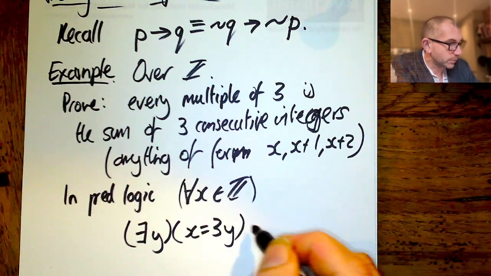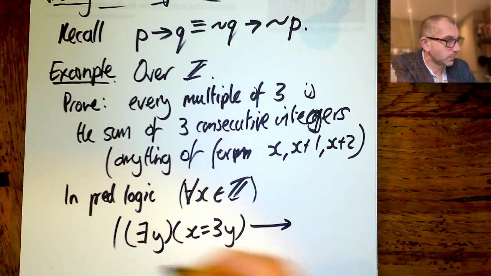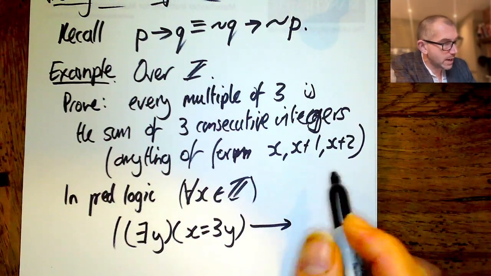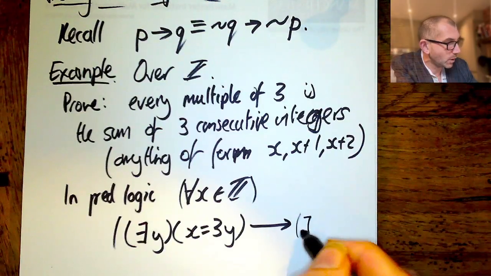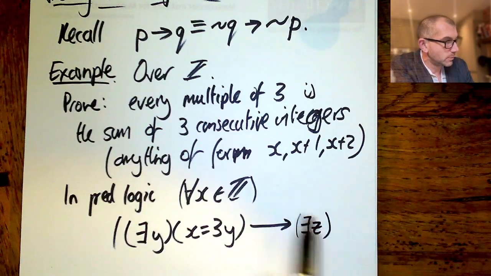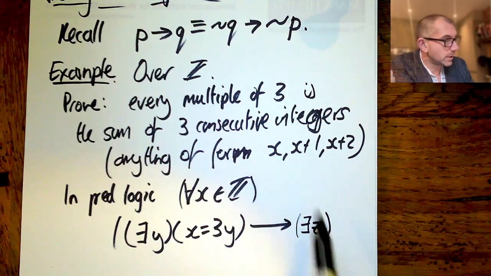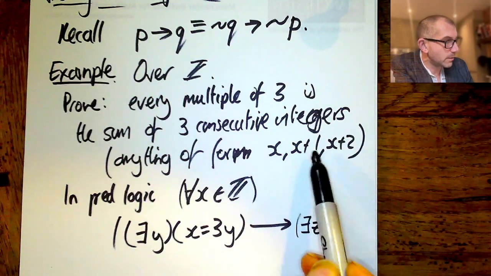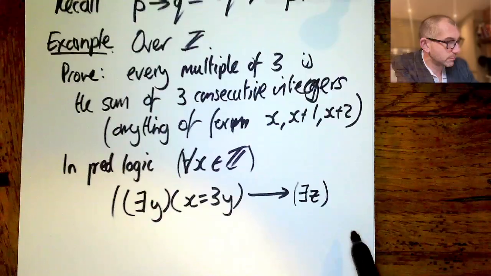If that's true, then there exists a z such that you can get your x as the sum of these 3 consecutive numbers.